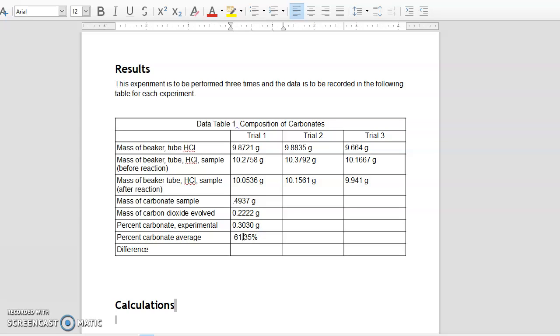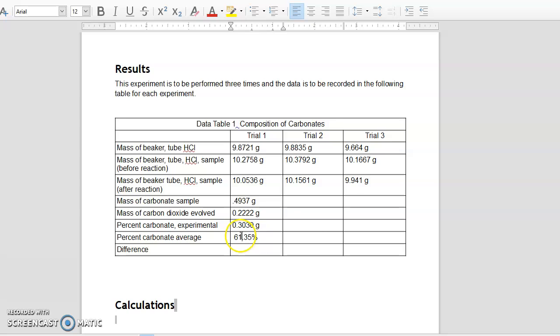Okay, and then what you're going to be doing is for the difference here, you'll be seeing what is the difference between these three numbers right here, okay? So you're going to take these three, add them together, and then get an average for them. And you'll use that to calculate differences and deviation and all of that, okay?